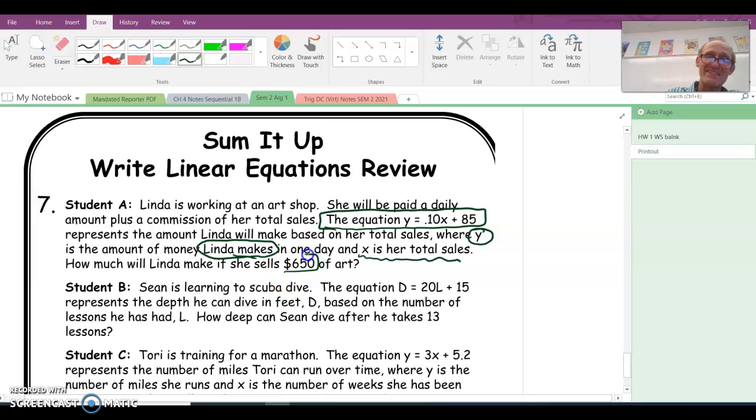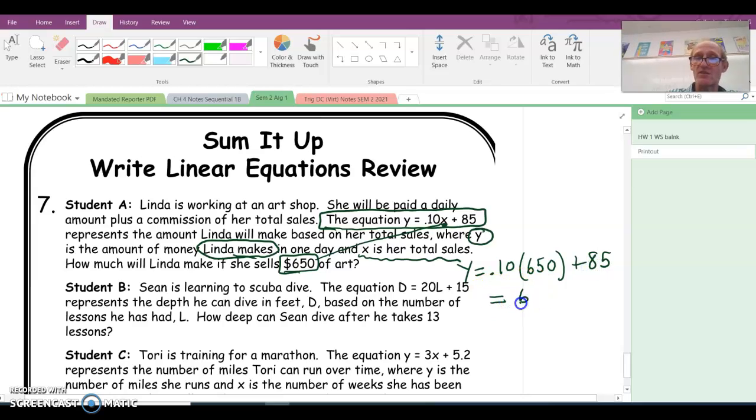So we're going to take that $650 and substitute it right there. So y equals 0.10 times 650 plus 85.